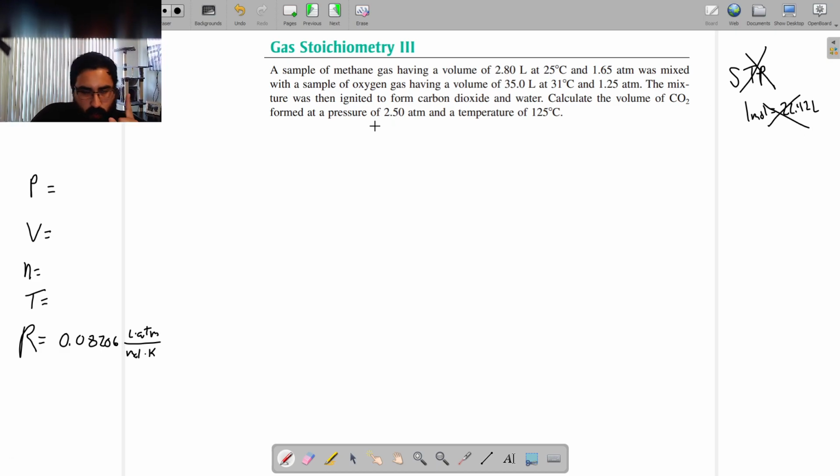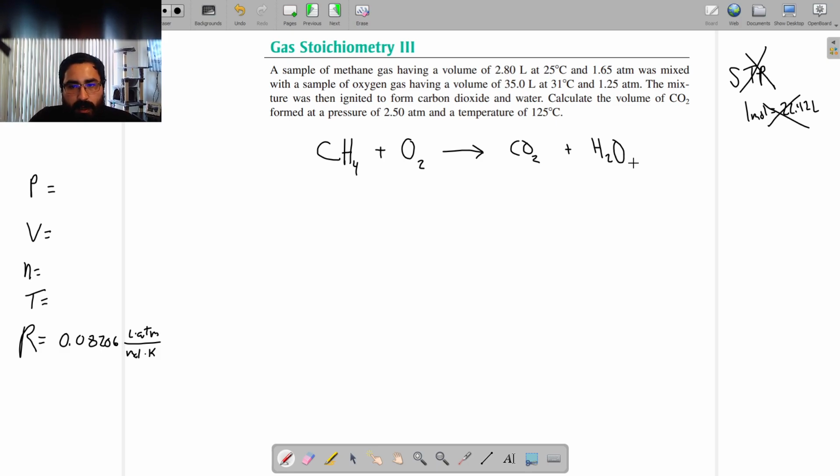But what we should do is write a chemical equation because it is stoichiometry and they did mention a chemical reaction. So methane is CH4. All right, and it's mixed with oxygen and then ignited to produce CO2 and H2O. I won't write the states of matter right now. We'll write them later. Now, always balance your formulas. You see how there's 4 H's here? Well, there should be 4 H's on the right.